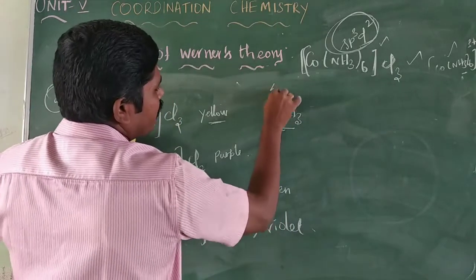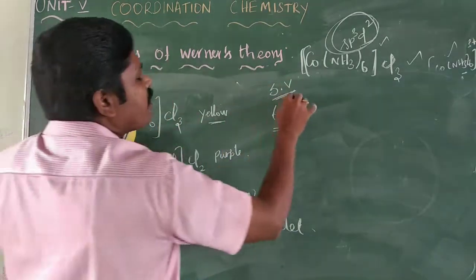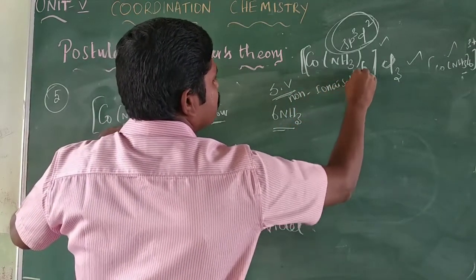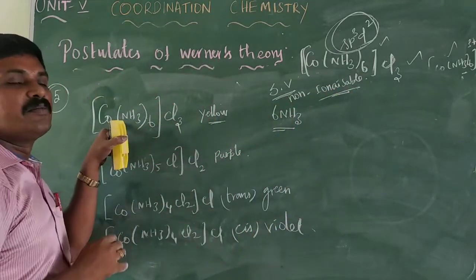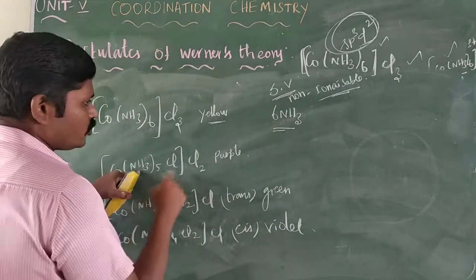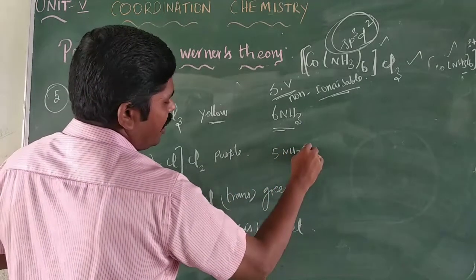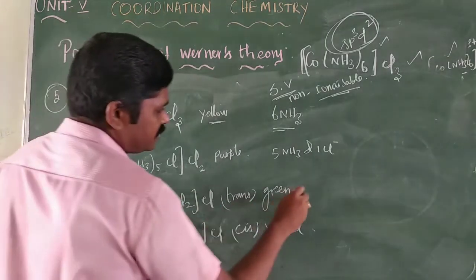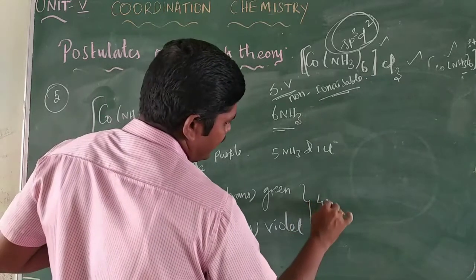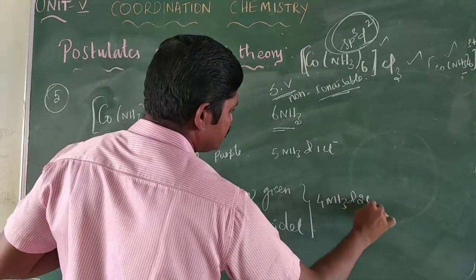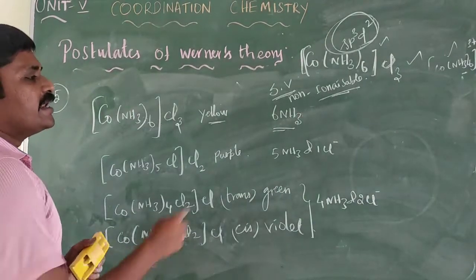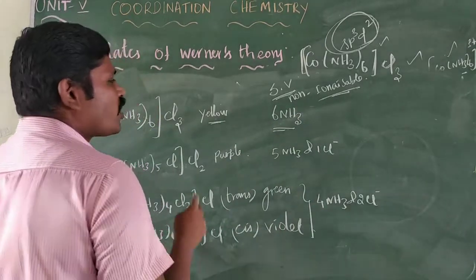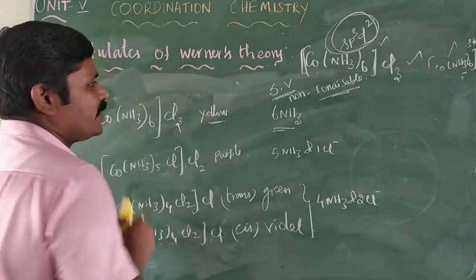The secondary valency is non-ionizable valency: 6 NH3 in the first complex, 5 NH3 and 1 Cl minus in the second, and 4 NH3 and 2 Cl minus in the third. These are inner sphere groups, firmly attached to the central metal atom.